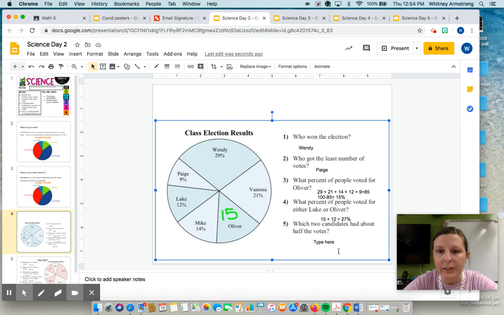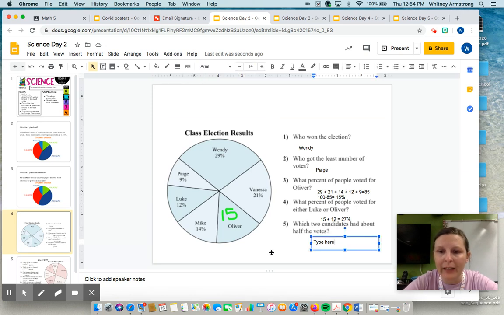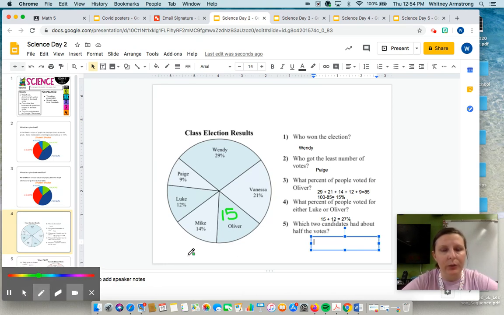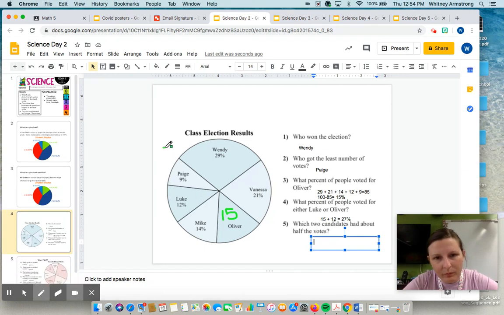Okay, so let's look at the last question here. Which two candidates had about half of the votes? Well, I can just look at this and see that if I take my tool right here and draw a line, if I go down this line right here and I were to fold that over, that's about half of the votes. And there are 2 people in here.